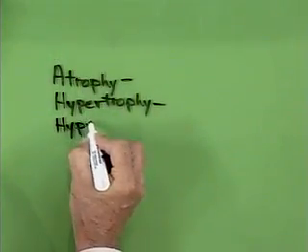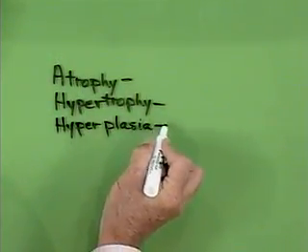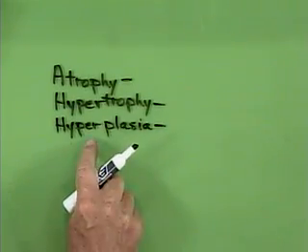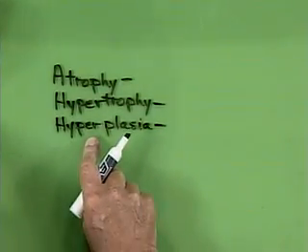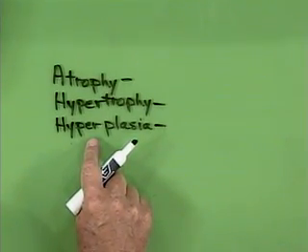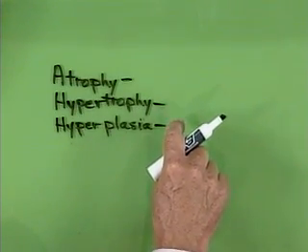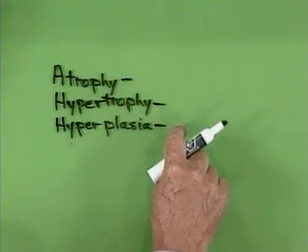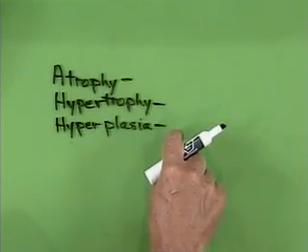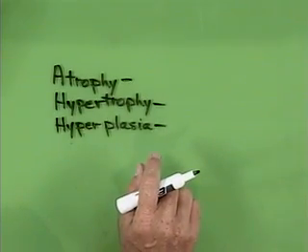And hyperplasia is another term that we probably ought to know. I'll define this one real quickly here. This is an increase in cell number. Now, you realize that an organ can undergo hypertrophy by either cellular hypertrophy or cellular hyperplasia. Either one of these at the cellular level can produce hypertrophy at the organ level. Does that make sense to you?